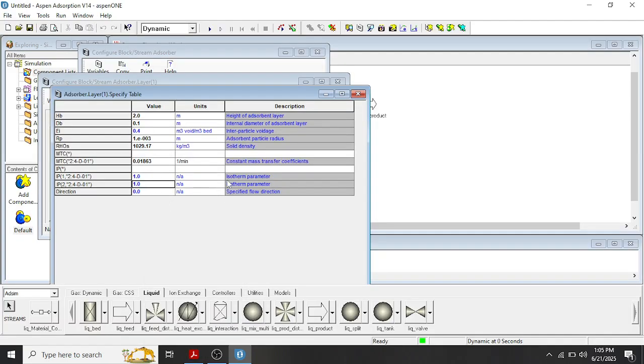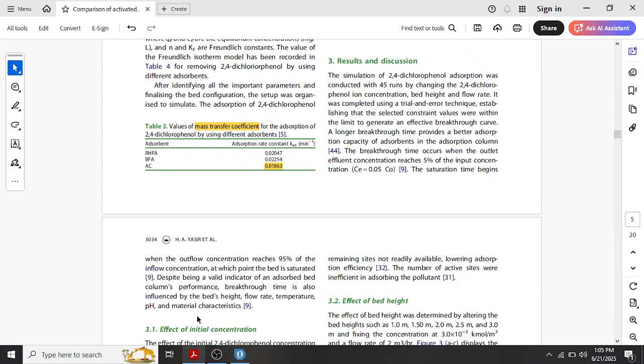Okay, the isotherm parameter IP1 is the Freundlich constant, because the isotherm we are using here is the Freundlich isotherm. Isotherm parameter 2 is the N, which shows the interaction, the affinity between adsorbent and adsorbate, and their values are given to us.